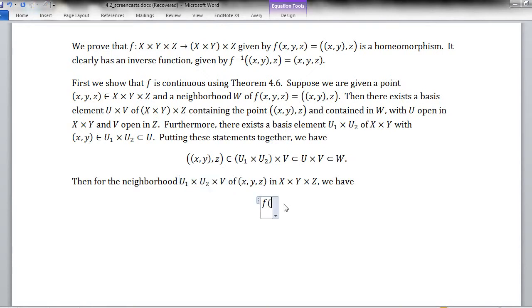That's going to be the special one we were looking for, is equal to, well, this, right?